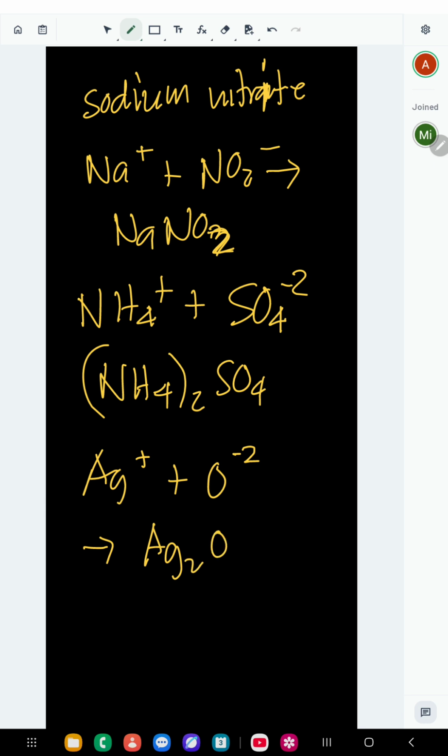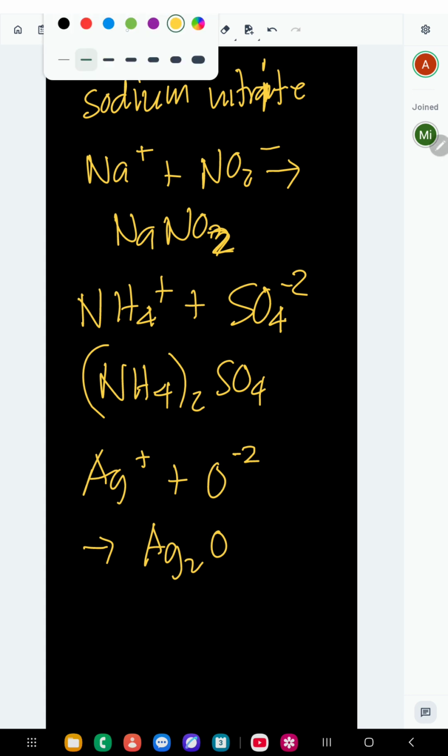Okay, so that is silver 2 oxide, but okay, Ag2O. What should be silver 1 oxide?